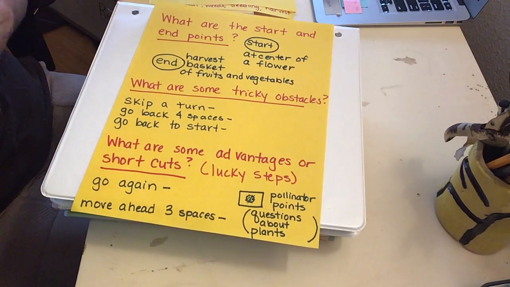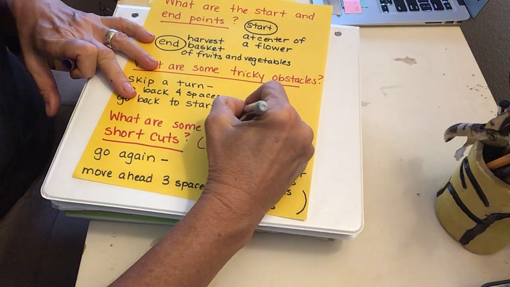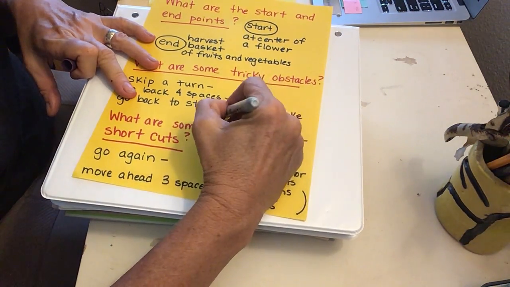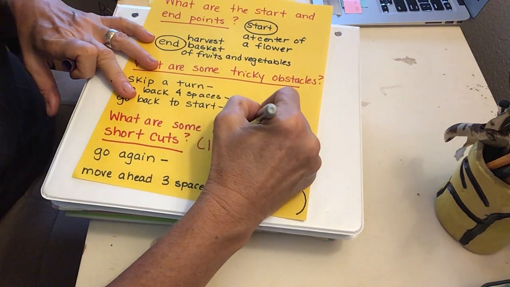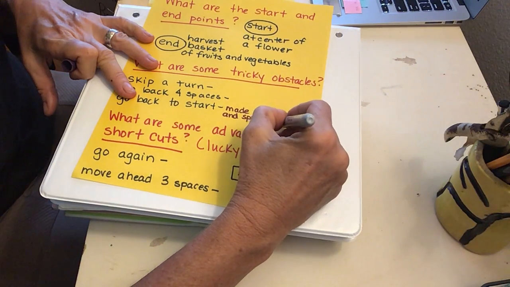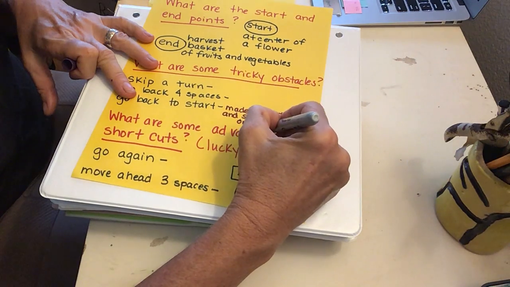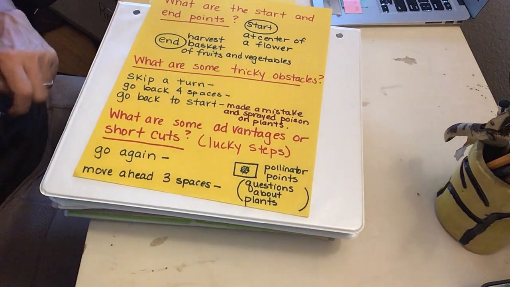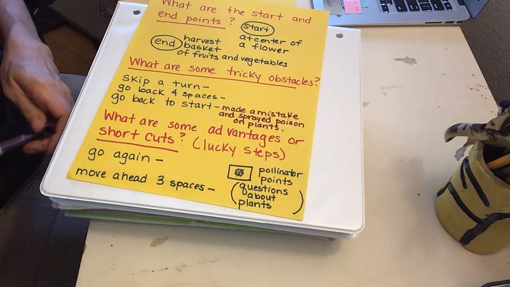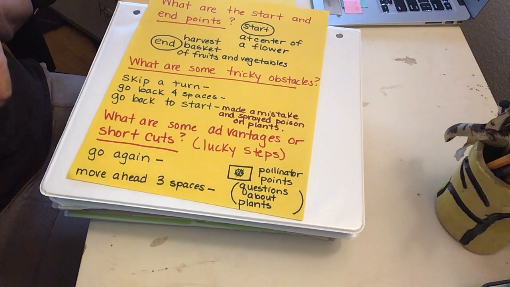I think in my game, you'd have to go back to start if you made a mistake and sprayed, let's say, poison on your plants, because you can't eat anything and you're going to harm the pollinators. So I'm going to say that's a really big mistake. I'm not sure what would make you skip a turn yet or go back, but I'm probably going to want to put some of these tricky things in my game.